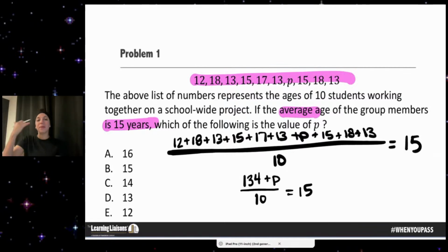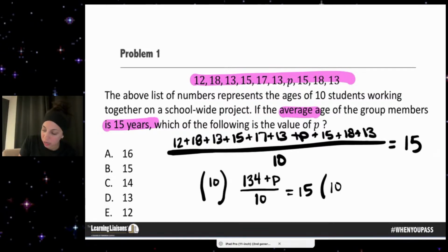Now, the P is like locked in numerator jail. So I have to multiply both sides times 10 to unlock the P from numerator jail, because I'm going to do the opposite of what's being done.